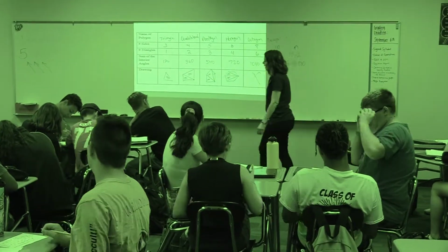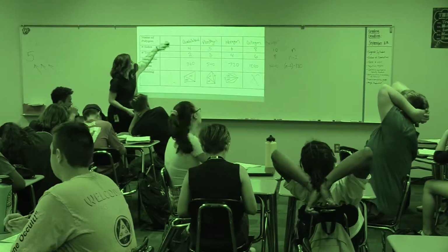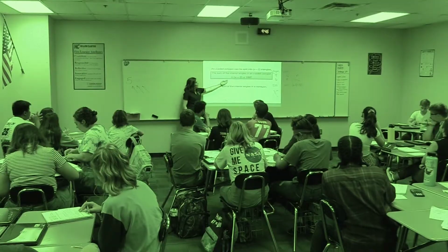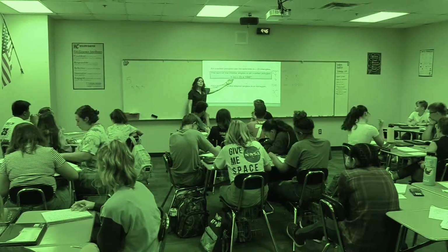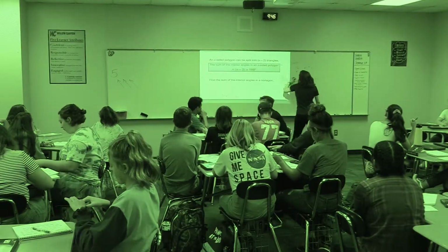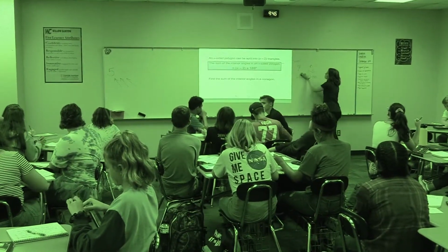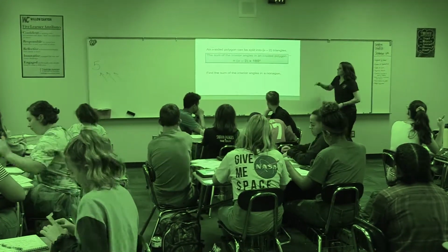I can actually show you that. Isn't that basically what we just wrote? Yeah. That is your actual formula for the sum of the interior angles in any polygon. Okay? So now we can use that.